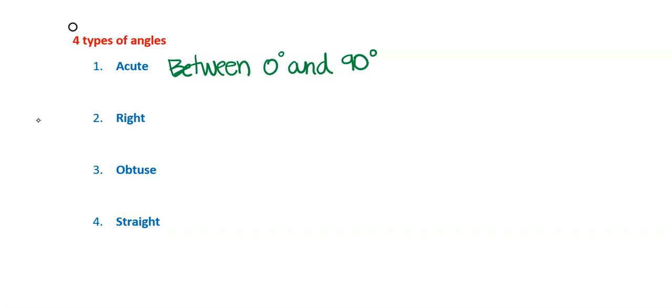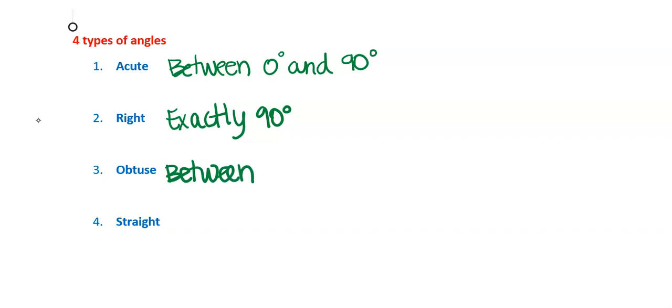A right angle is exactly 90 degrees. An obtuse angle is between 90 degrees and 180 degrees.